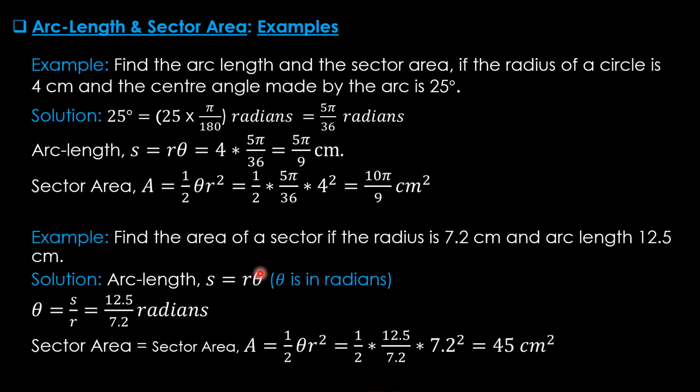S is the arc length 12.5 centimeter and r, the radius, is equal to 7.2 centimeter. So theta becomes 12.5 over 7.2 radians. Now sector area A equals half theta r square, so on substitution we get 45 centimeter square. So this is the sector area.